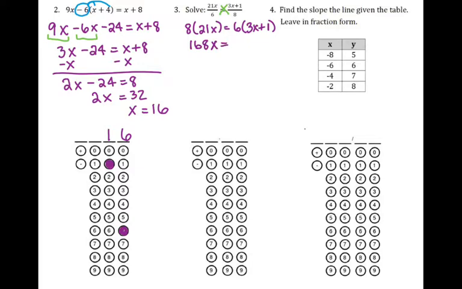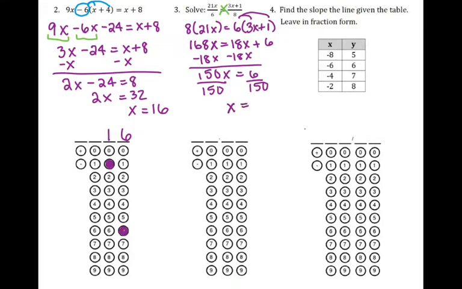Use a calculator if you need to. 6 times 3 is 18x. 6 times 1 is 6. Distributing, of course. Subtract 18x from both sides. That gives me 150x equals 6. And divide by 150.